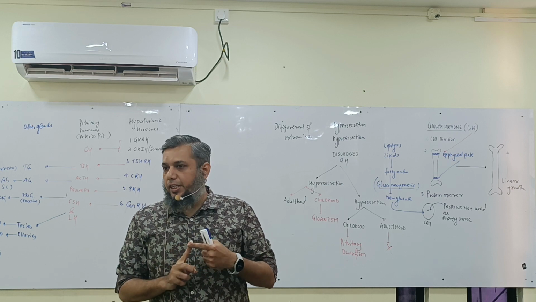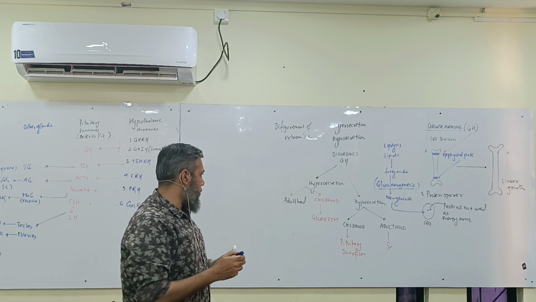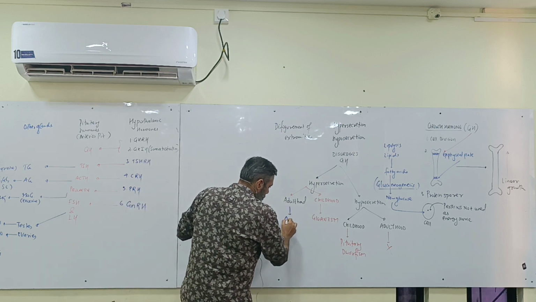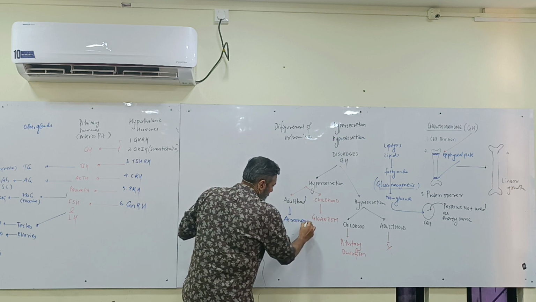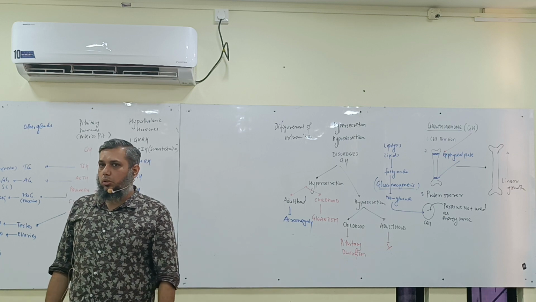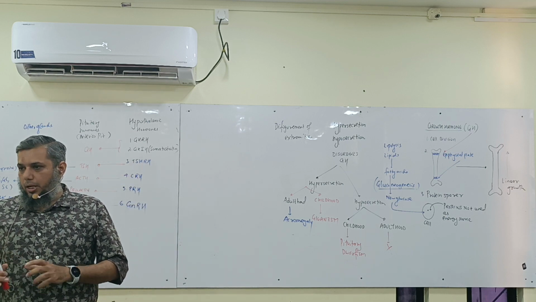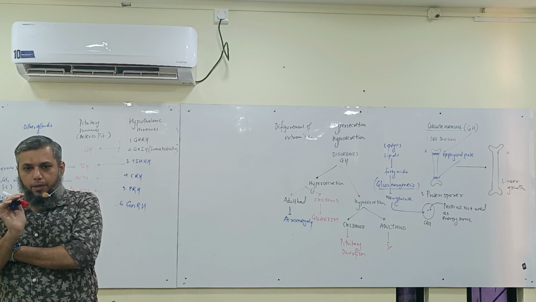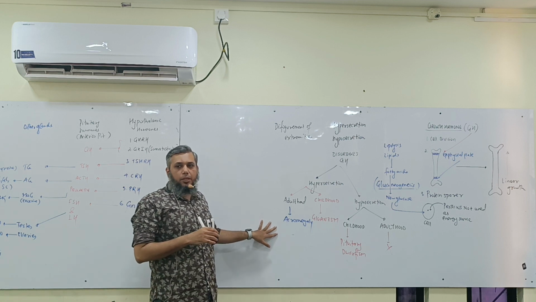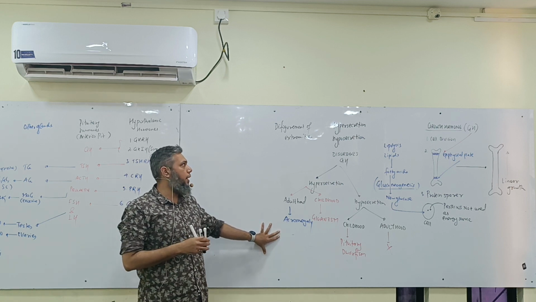One of the reasons is that this condition, hypersecretion during adulthood, is called acromegaly. What do you call the condition, children? Acromegaly. Acromegalous means a disproportionate giant, with disfigurement.